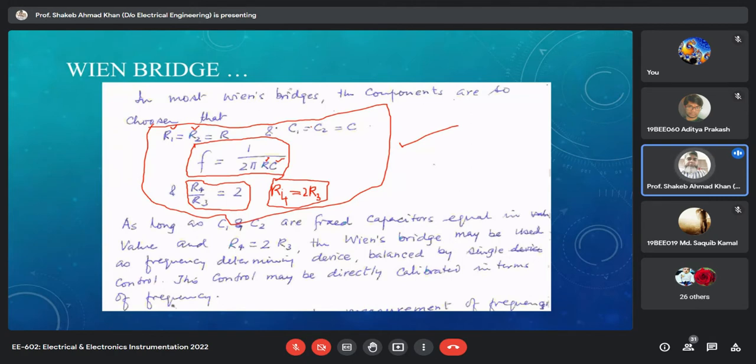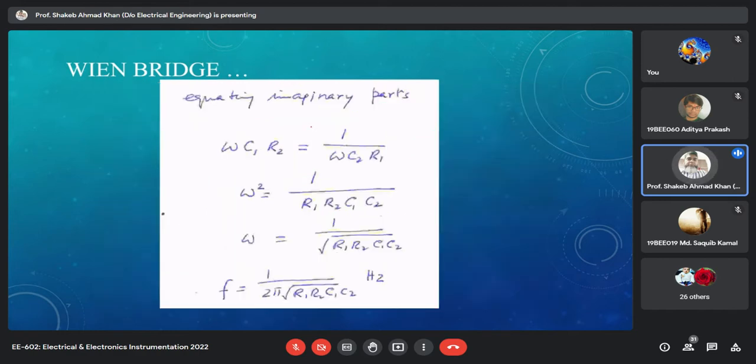With a single component you are balancing the bridge, and you are supposed to satisfy only one balance equation. So there will never be any sliding balance problem, and it will be very easy to balance the bridge. This is what we achieve with these values of the components.